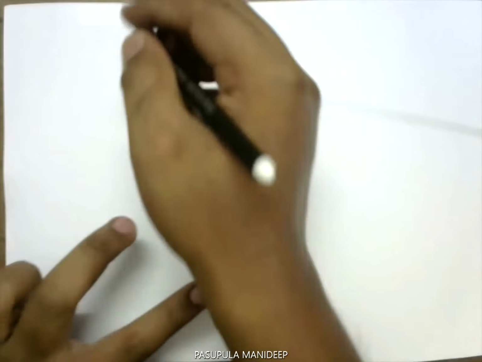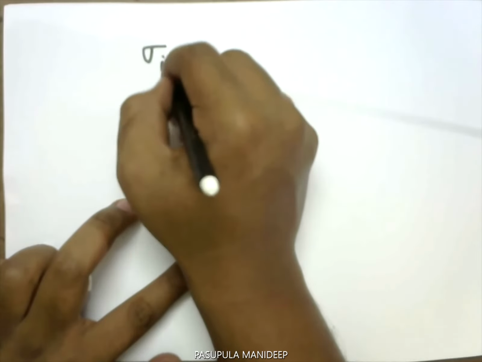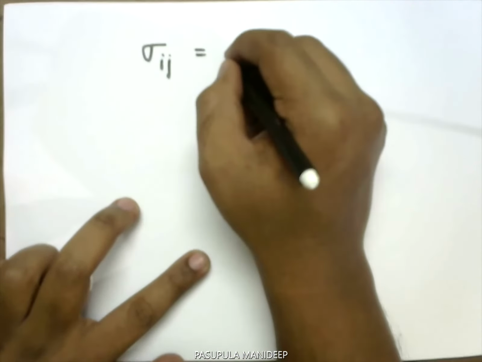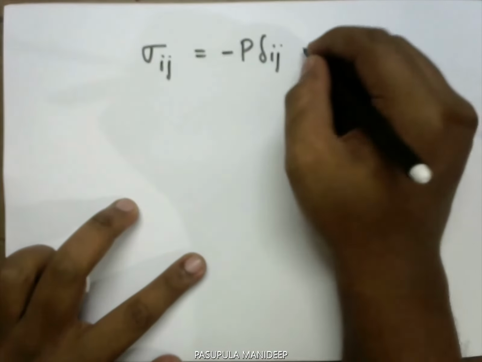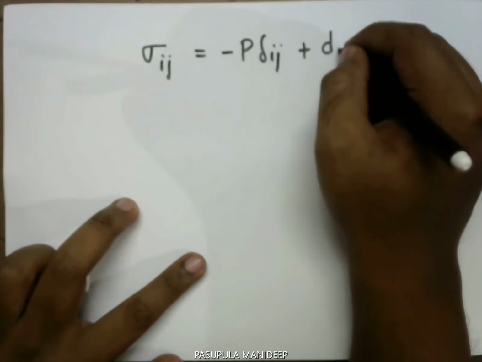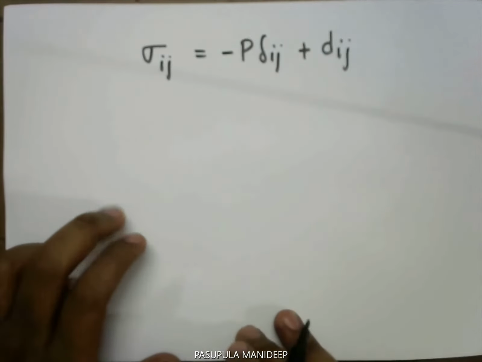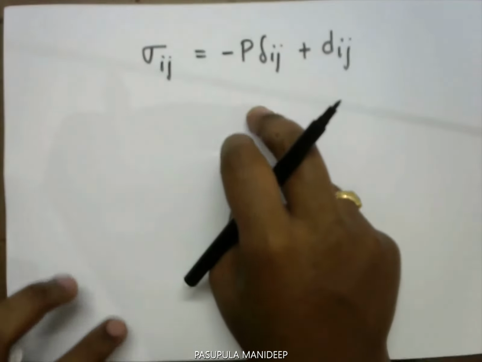So first, we know that we can write the stress tensor sigma_ij as minus p times delta_ij plus d_ij, right? This we have proved earlier.